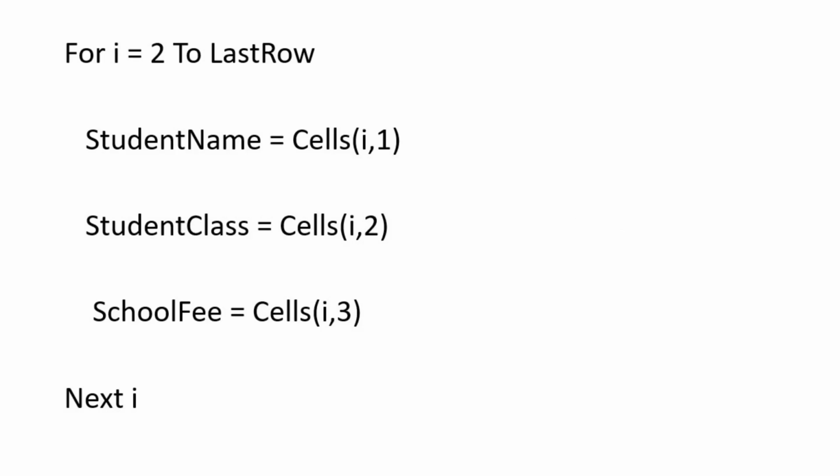Student name equals Cells(I, 1). Student class equals Cells(I, 2). And school fees equals Cells(I, 3). Next I. This allows the application to work whether there are 10 students or 10,000 students. That's how real-world software is built.